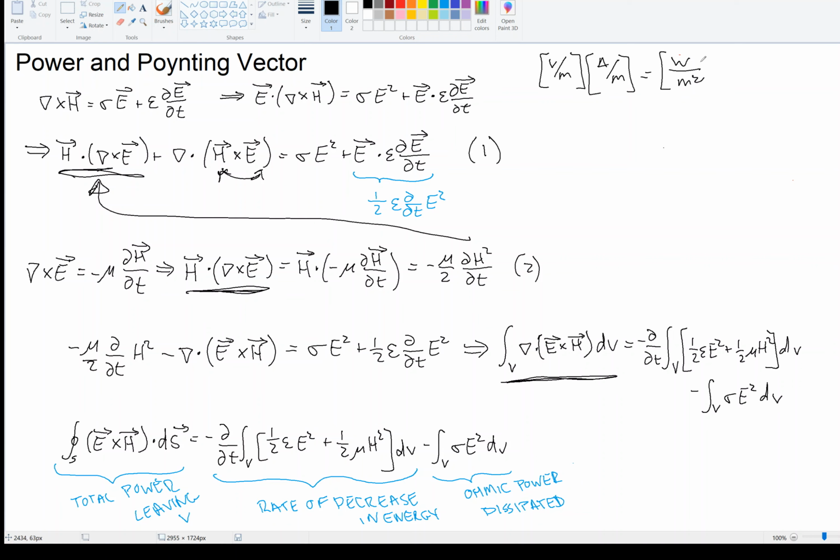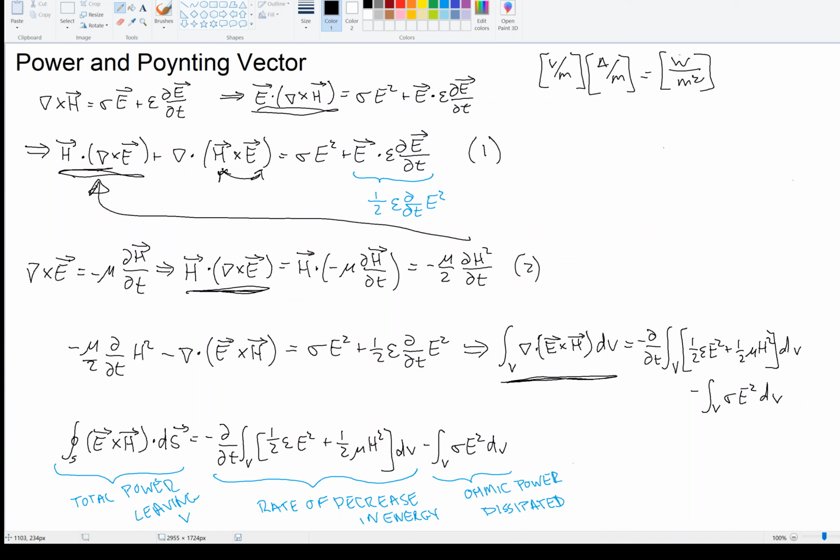So we have watts per square meter. So when we integrate watts per square meter over a surface, power per surface area over the surface area, then we just have watts. So this is the total power leaving V. Okay, so we indeed have a power calculation, which we suspected when we took E times H up there.